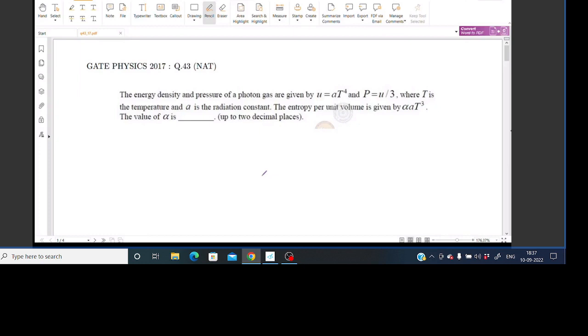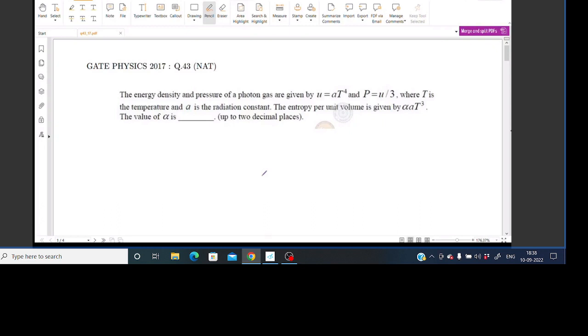The energy density and pressure of a photon gas are given by U equal to A T to the power 4 and P equal to U by 3, where T is the temperature and A is the radiation constant. The entropy per unit volume is given by alpha A T cube. We need to find out the value of alpha.